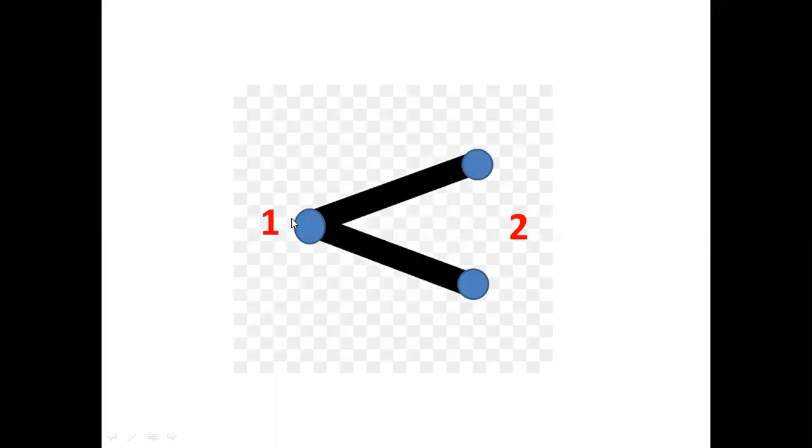So this is the smaller side and the side having two dots is greater. So 1 is smaller than 2, because this bigger mouth is towards the bigger number.